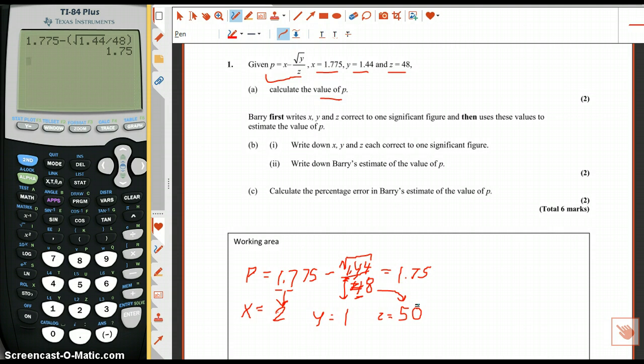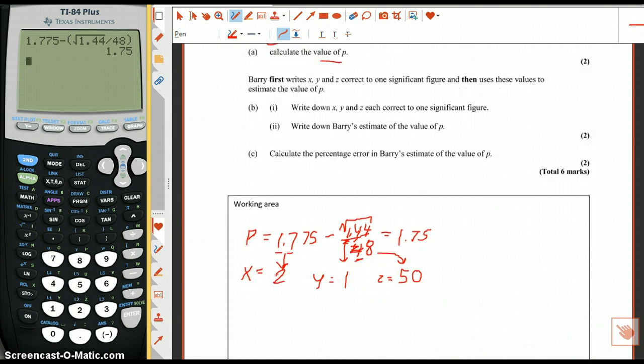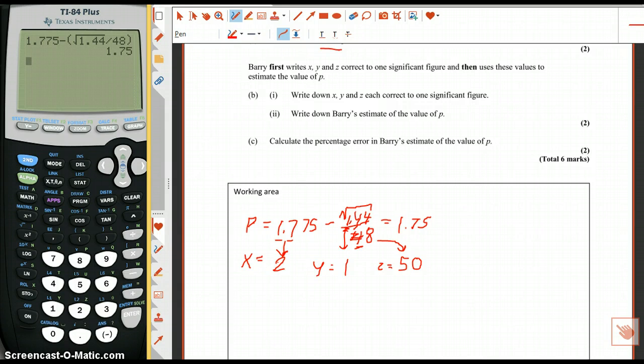Now what about B2? We're going to use these same numbers and we're going to do the same calculation. Okay? So let's go back over here. And then we're going to do P, this is P estimated. Instead of 1.775, we're going to put 2. And then we do minus square root of 1 divided by 50.